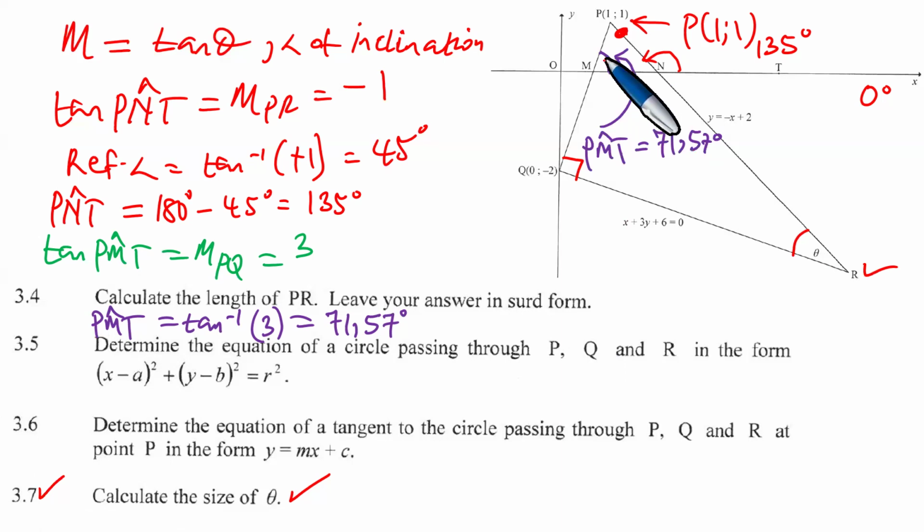And then the angle P we're going to get, because this one is equal to this plus this, exterior angle of a triangle from grade 10.